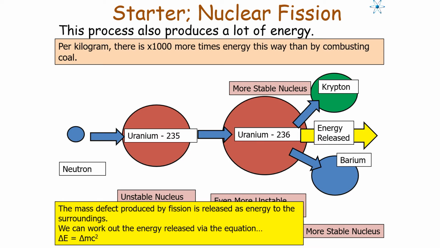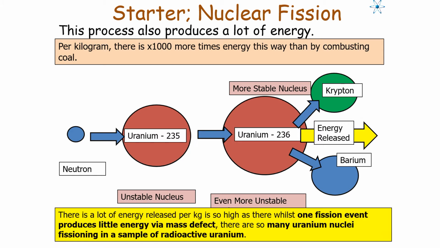Again, we can work out how much energy is released with our equation E equals mc squared. There's a lot of energy released per kilogram, so one fission event will produce little energy, but there are so many uranium nuclei fissioning all at once that you produce lots of energy.